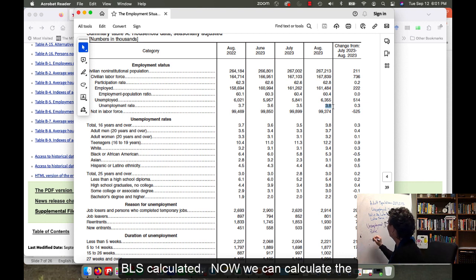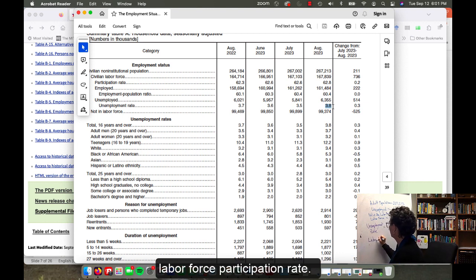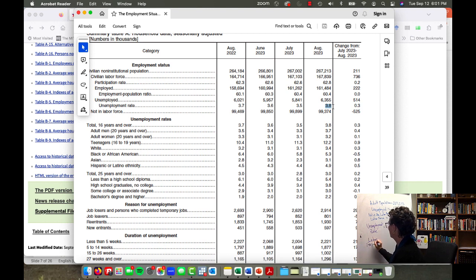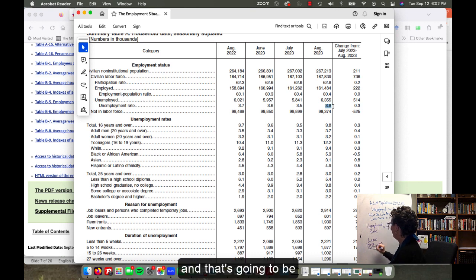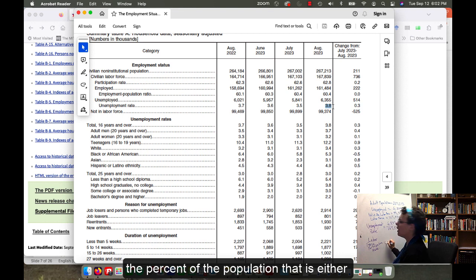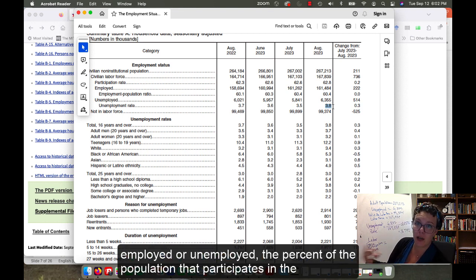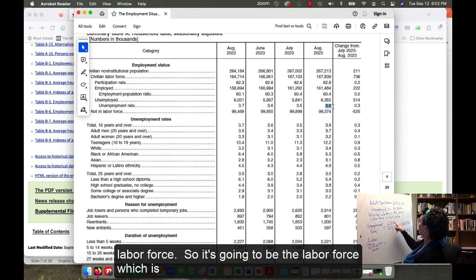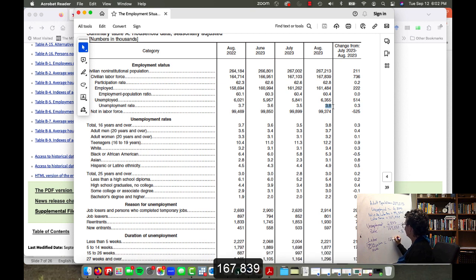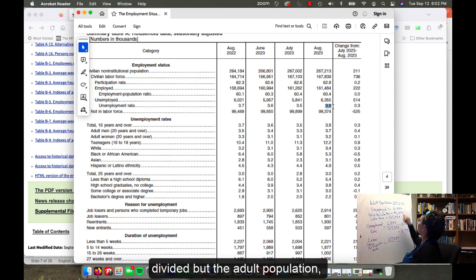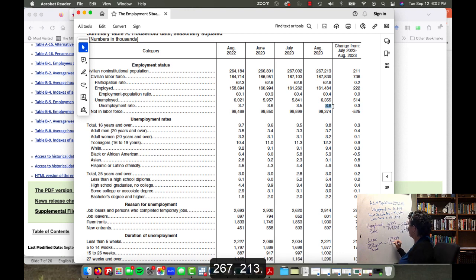Now we can calculate the labor force participation rate. And that's going to be the percent of the population that is either employed or unemployed, the percent of the population that participates in the labor force. So it's going to be the labor force, which is 167,839, divided by the adult population, 267,213.